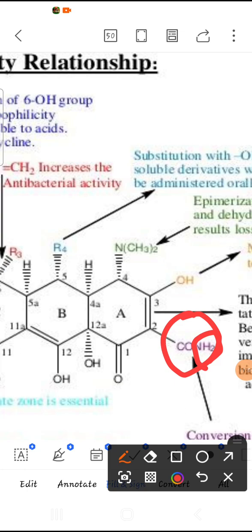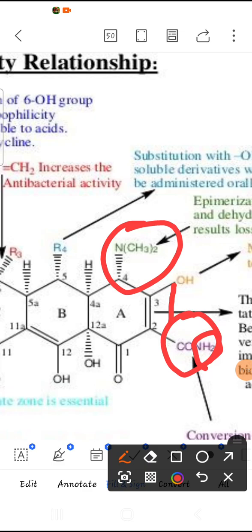The dimethylamino group at the 4 position must be in the alpha orientation. Removal of that 4 dimethylamino group reduces activity. You can see here, this is the 4 position.